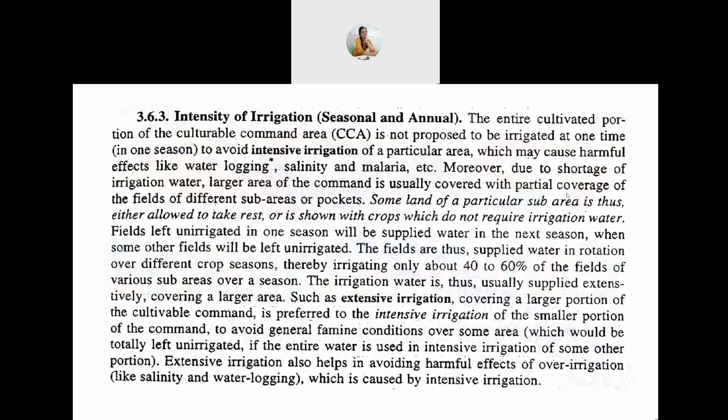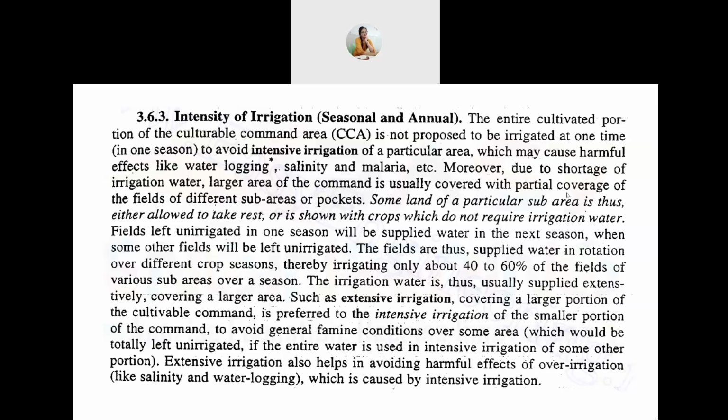Such extensive irrigation covering a larger portion of the cultivable command area is preferred to the intensive irrigation of a smaller portion of the command, to avoid general famine conditions over some area, which would be totally left unirrigated if the entire water is used in intensive irrigation of some other portion.